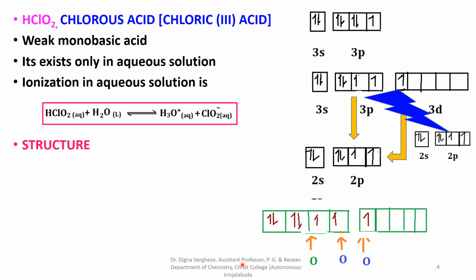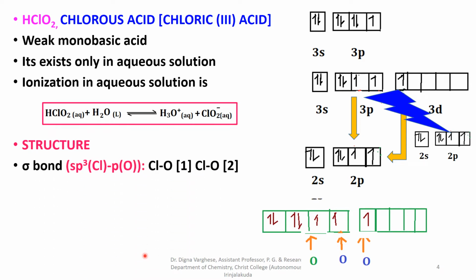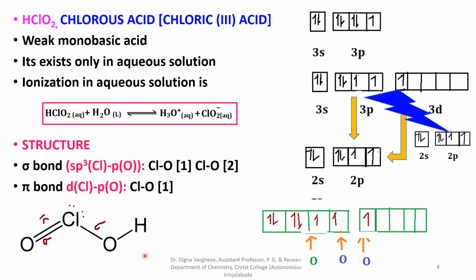can form a sigma bond from sp3 Cl and a p orbital of the oxygen atom, forming 2 sigma bonds here, and 1 pi bond is formed, the d pi p pi bond, and the structure is like this.